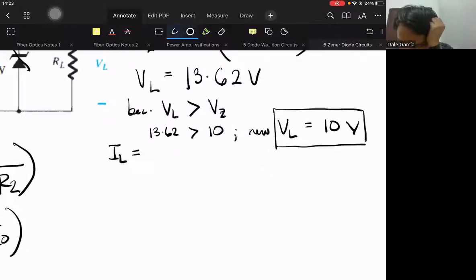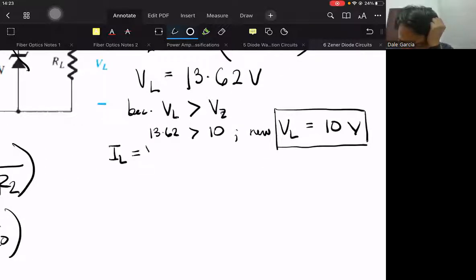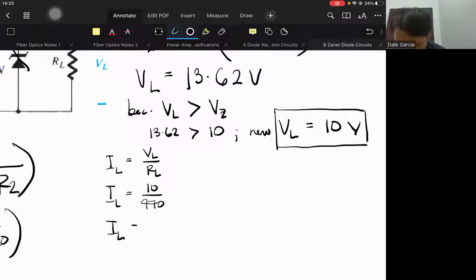IL is equal to VL over RL, which is 10 over 470, or 21.28 milliamperes.